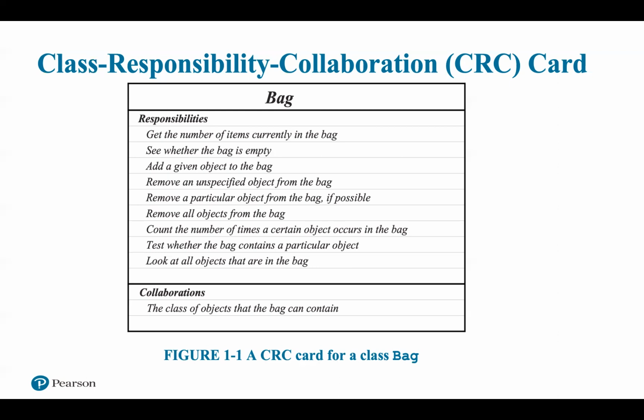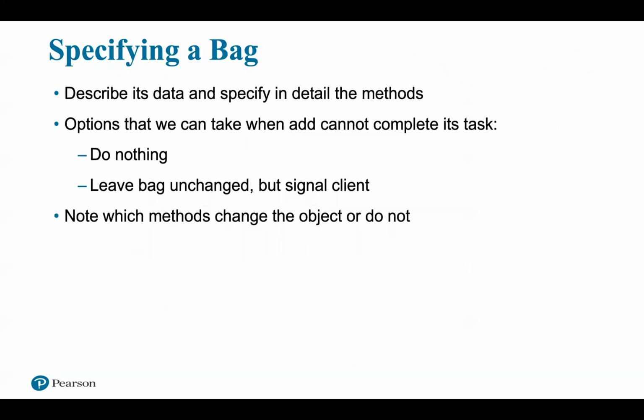Anyway, that's a little bit of perspective and orientation for the bag. Before you can implement a bag in Java, you need to describe its data and specify in detail the methods that correspond to the bag's behavior. We'll name the methods, choose their parameters, decide the return types, and write commands to fully describe their effect on the bag's data.